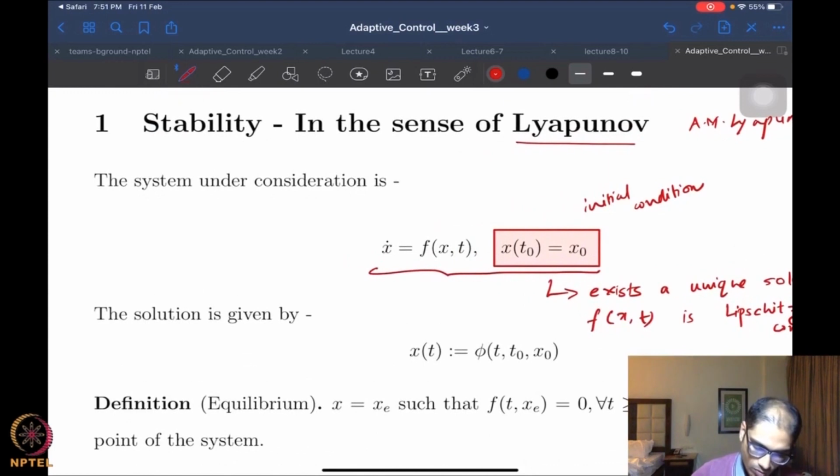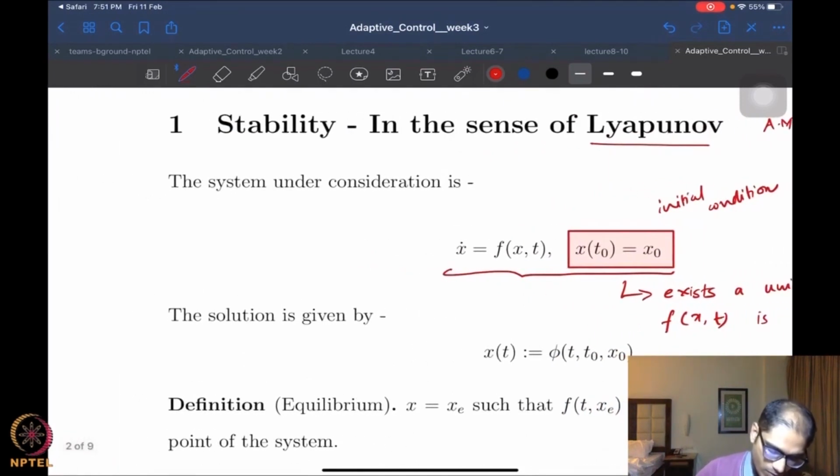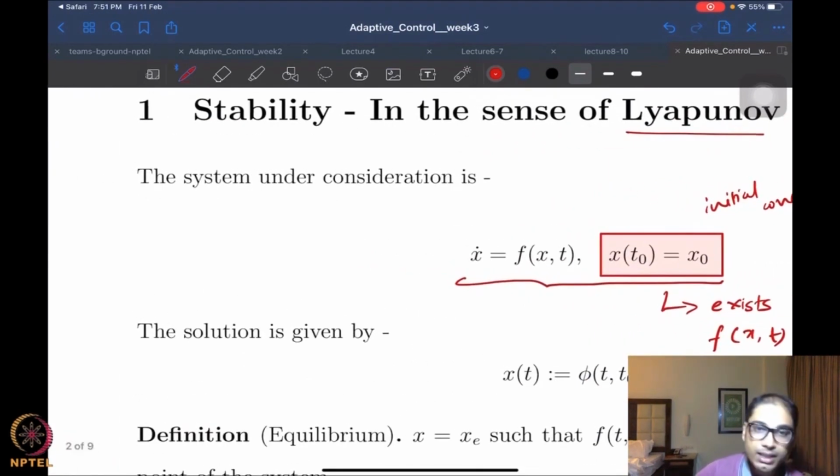Of course we are saying so many things, so we want to understand where things can go wrong. So let's consider an example, a system of the form x dot equals x squared, and let's try to integrate and see what happens.